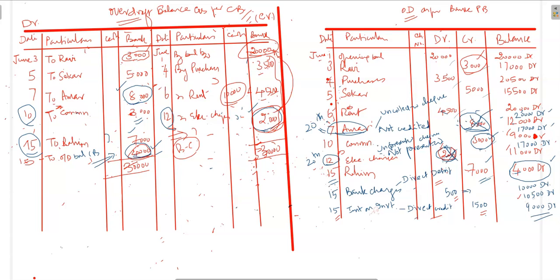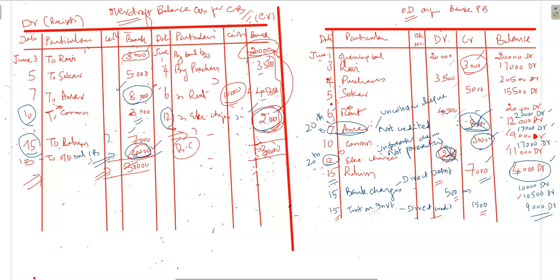You just see, from 10,500 to 9,000, it has reduced. But this has not been taken as income here. This should have been taken as a receipt, on the receipt side. But we will do it only when we get the advice from the bank.